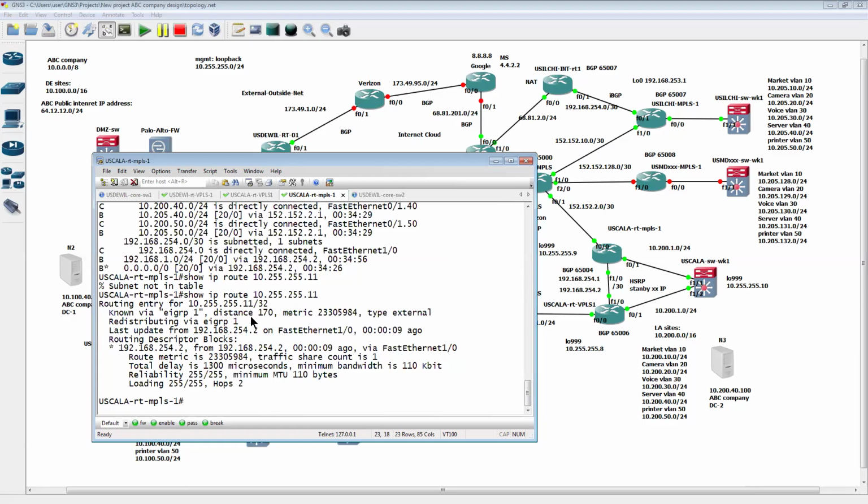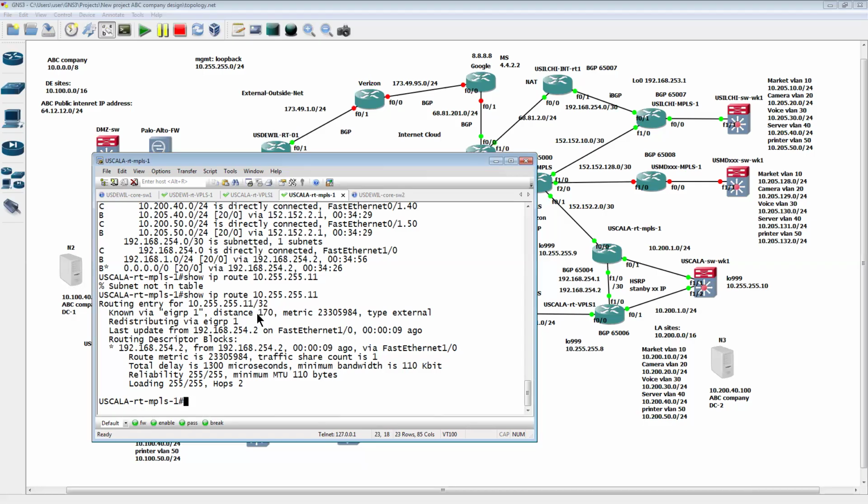But look at the distance ID. It's changed. It's 170. You have to remember this is 170. By default, when you redistribute into the EIGRP, it changes to 170. Did I tell you IBGP is 200?